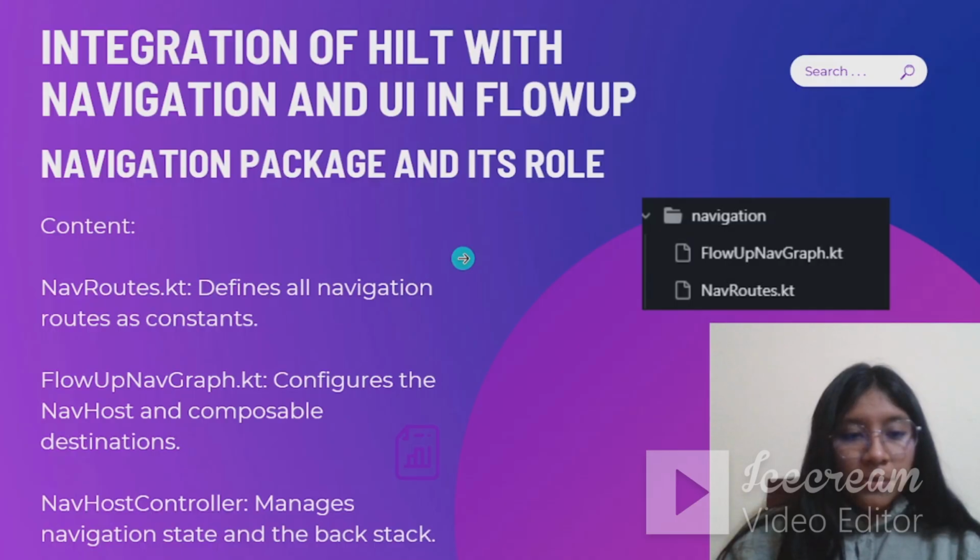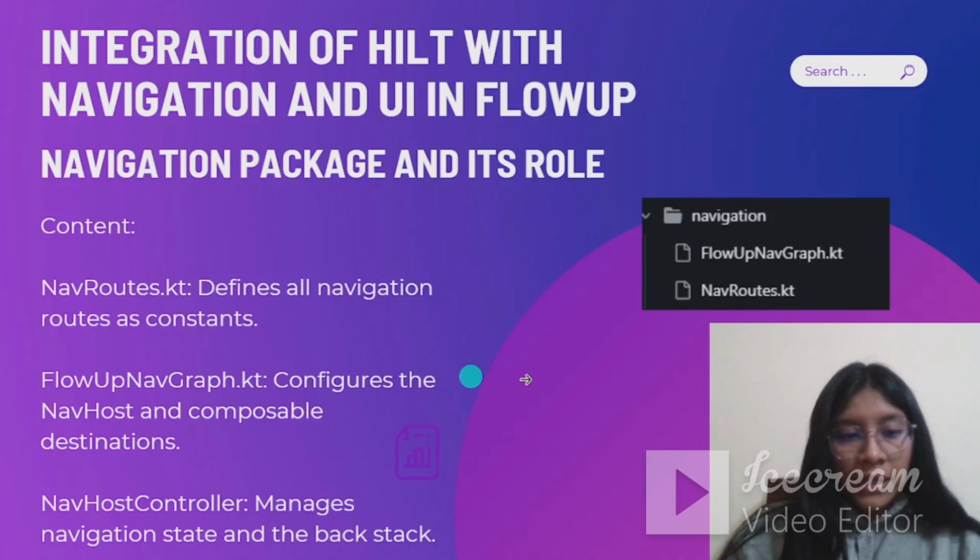The navigation logic is organized in a dedicated navigation package. NavRoutes.kt defines all routes as constants, avoiding hardcoded strings, and FlowUp NavGraph configures the navigation graph and connects routes to the screens. The NavHostController manages navigation state and the backstack.